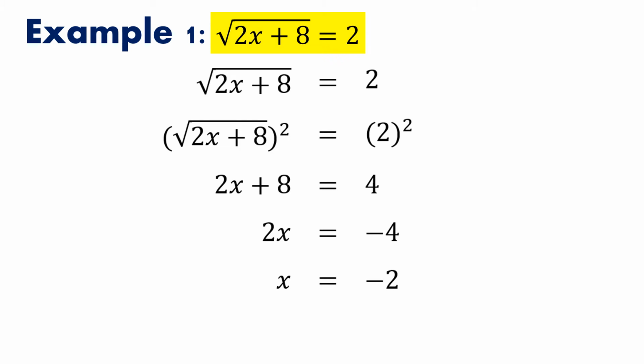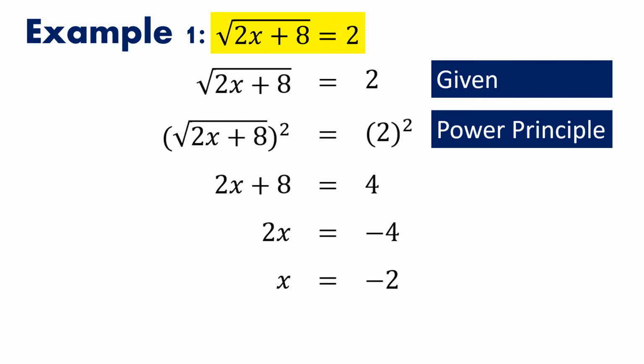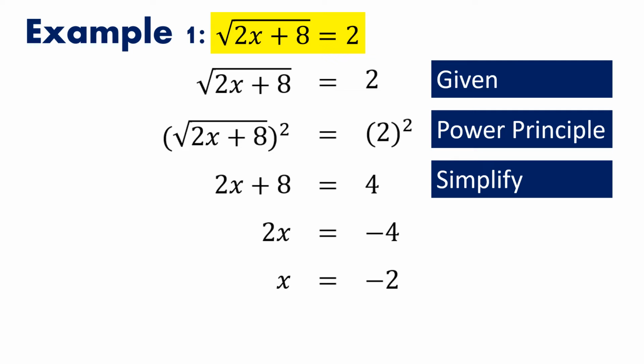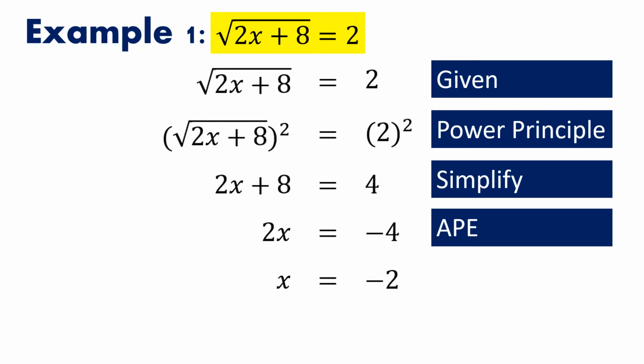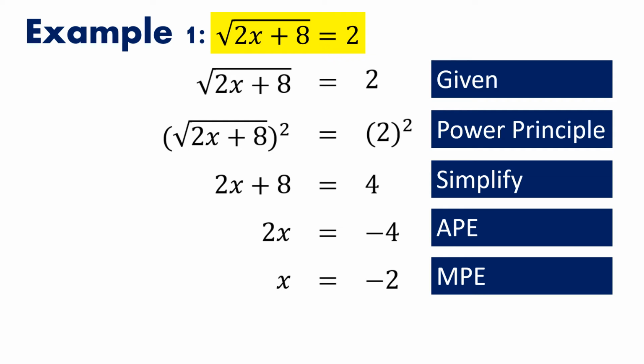In example 1, we are given the square root of 2x plus 8 equals 2. We apply the power principle. We simplify and get 2x plus 8 equals 4. We apply addition property of equality. We subtract 8 from both sides of the equation. We also apply multiplication property of equality.